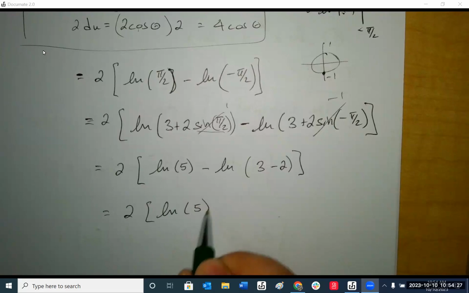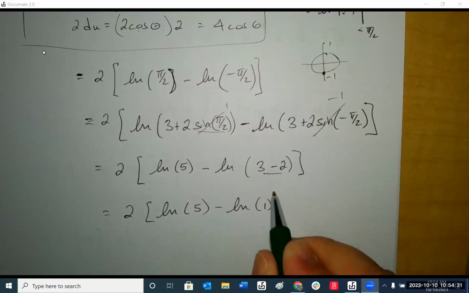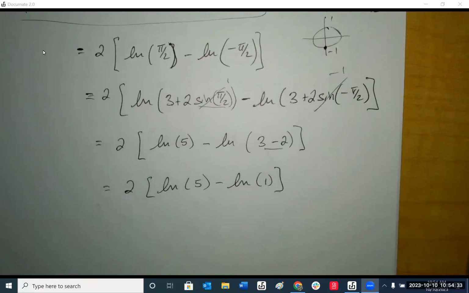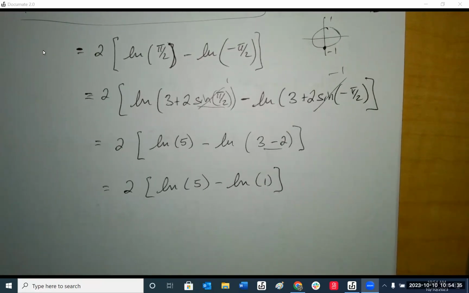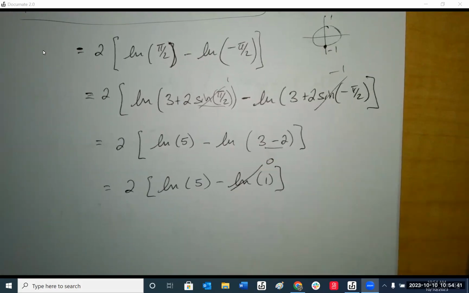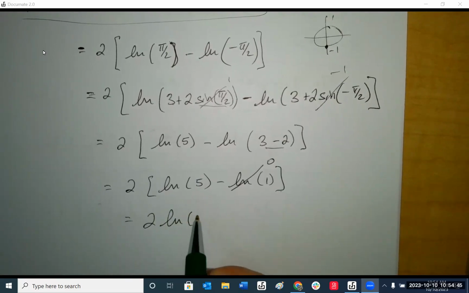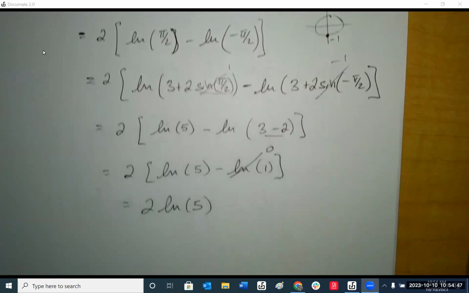Ln 5 minus ln 1. Natural log of 1 is 0. So our final answer is 2 times ln 5.